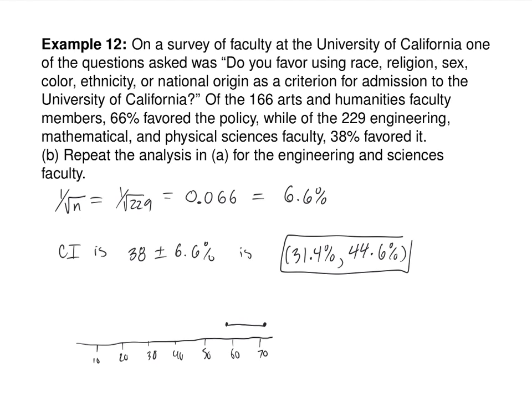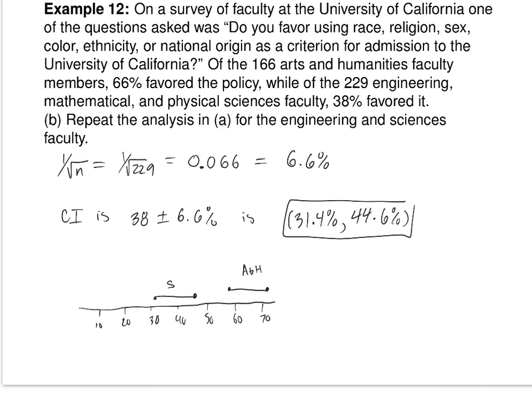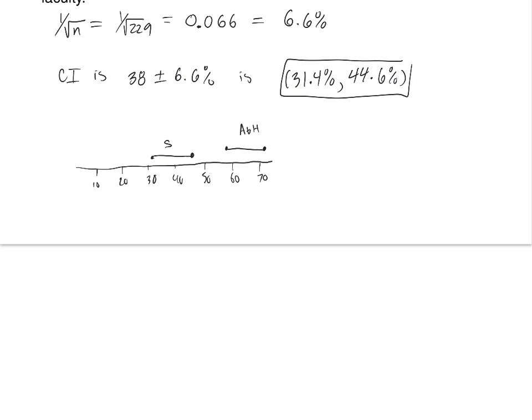And this was for the arts and humanities. The other group was 31 to 44. Could you lift it up a little? Definitely. Is that good? So that's sort of a visual of what those two intervals are. Does that make sense? Okay.